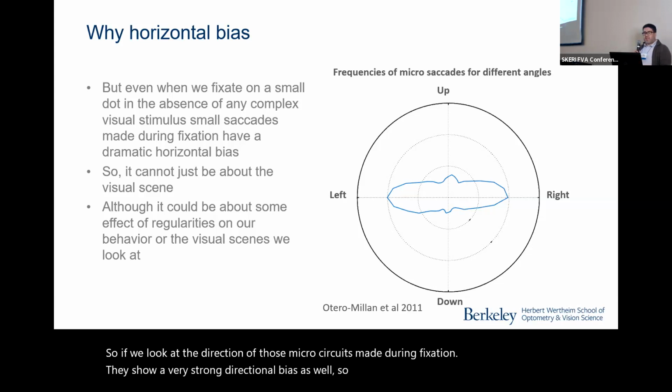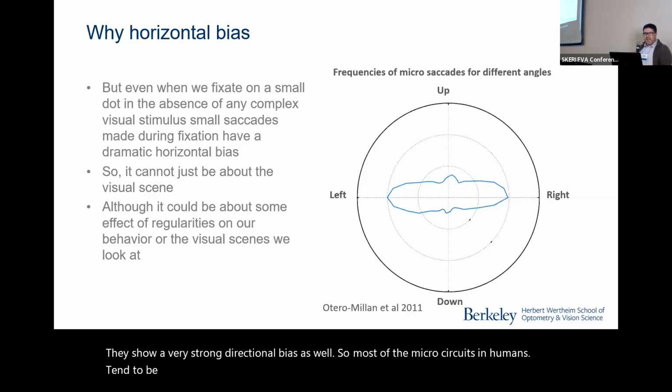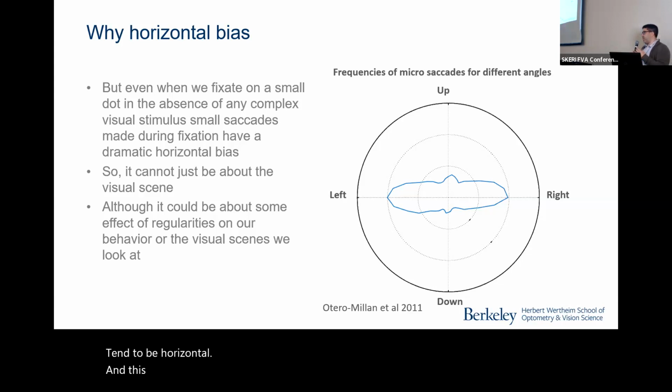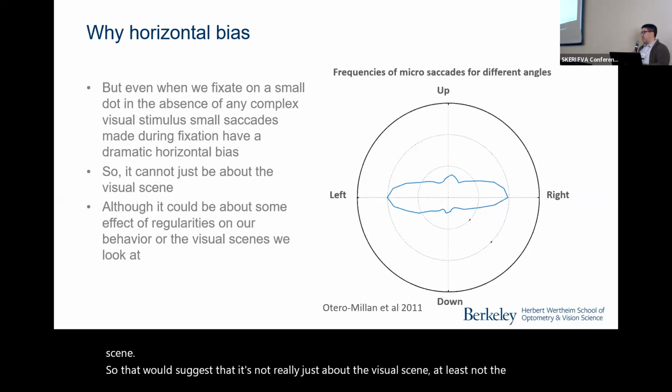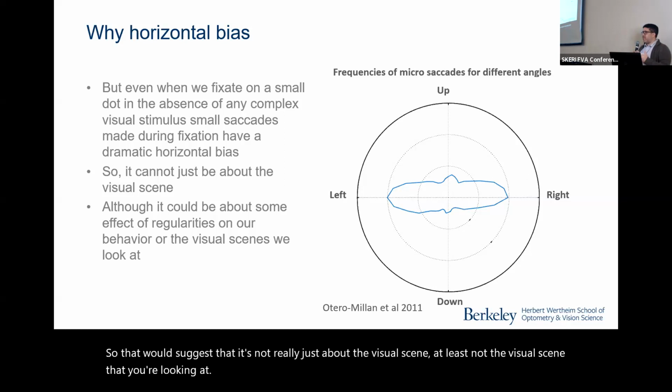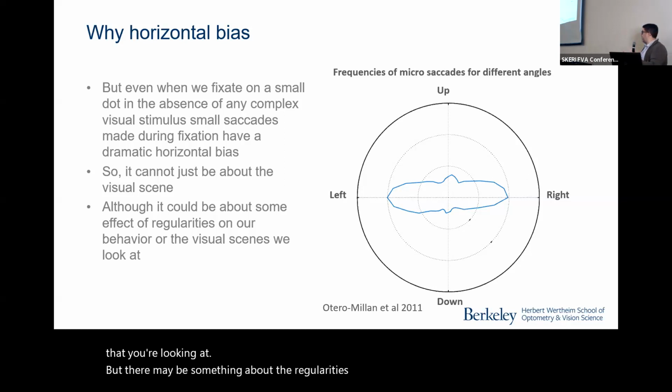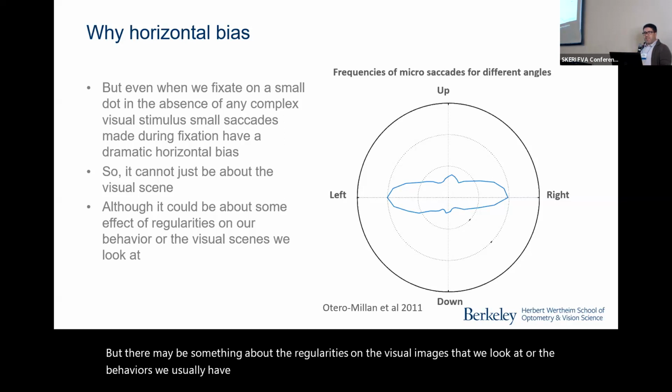So most of the microsaccades in humans tend to be horizontal. And this happens when people are looking at a simple fixation spot in the middle of a blank scene. So that would suggest that it's not really just about the visual scene, at least not the visual scene that you're looking at, but there may be something about the regularities on the visual images that we look at or the behaviors we usually have that produce this bias.